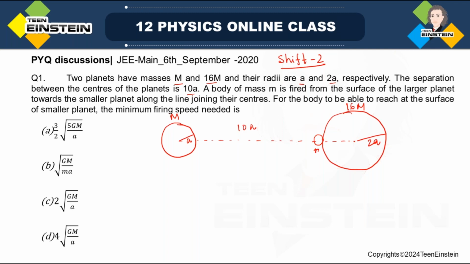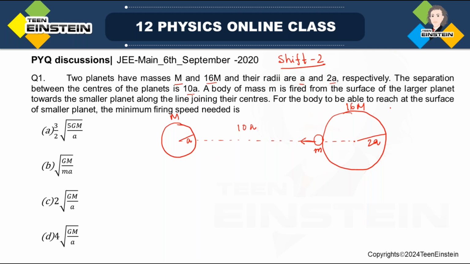Okay, this has got small mass m. It is fired from the surface of the bigger planet towards the smaller planet along the line joining their centers. So this is actually fired from here like this. Okay, along the line joining the centers towards the smaller one.